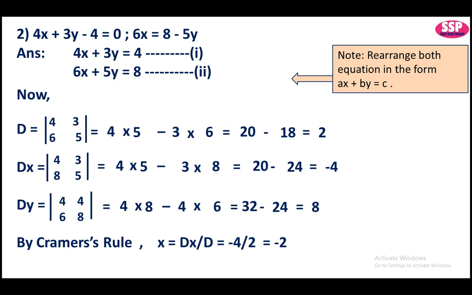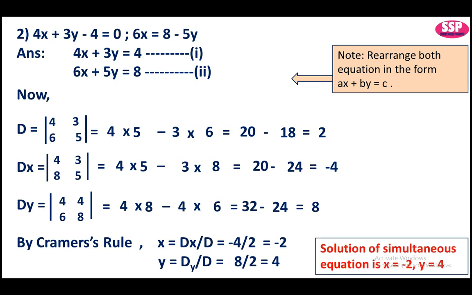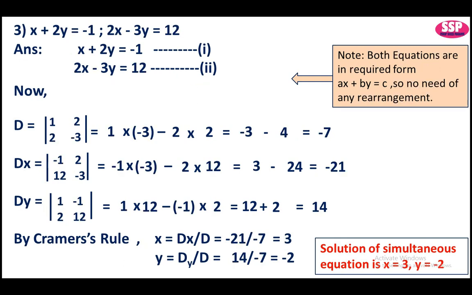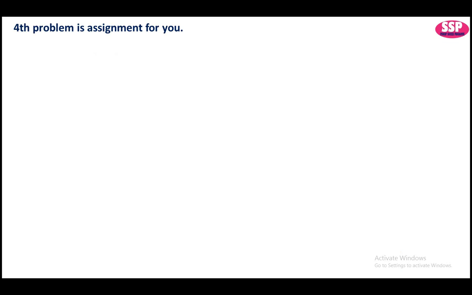By Cramer's rule, x is equal to dx upon d is equal to minus 4 upon 2 is equal to minus 2, and y is equal to dy upon d is equal to 8 upon 2 is equal to 4. In this way, the solution of given simultaneous equation is x is equal to minus 2 and y is equal to 4. Okay. Fourth problem is assignment for you.